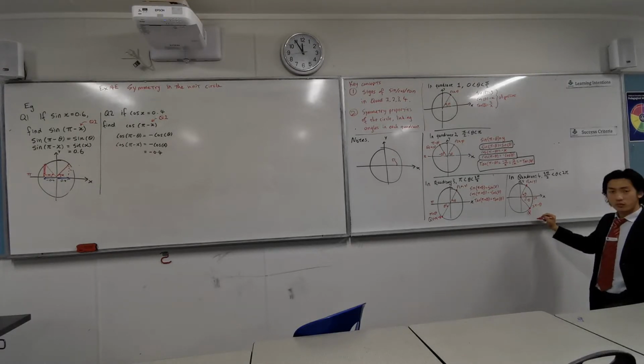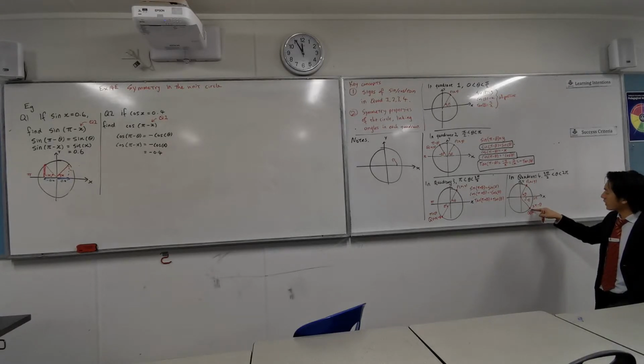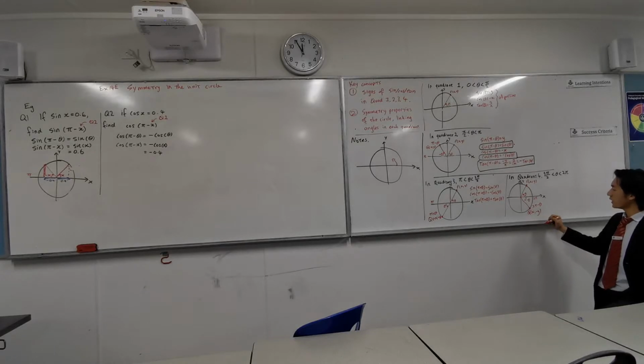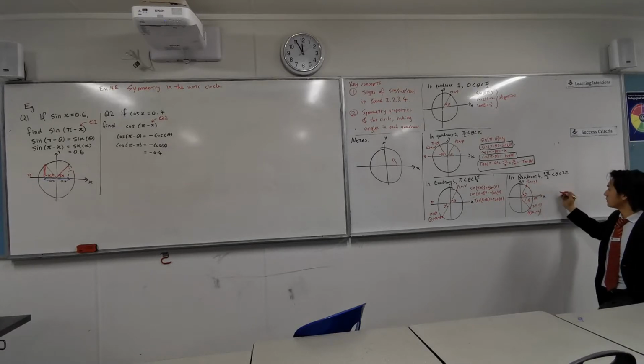Now, point Q there, the x and the y coordinates. Okay, let's start with x. X is still positive because point Q is in the positive region of x. But the y value is negative because it's down there in the negative region of y. And that will give us enough information of linking the sine and cosine to those in the first quadrant.